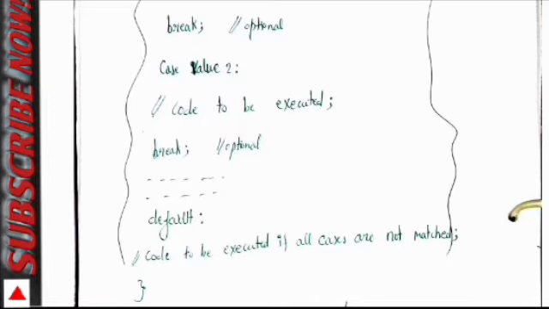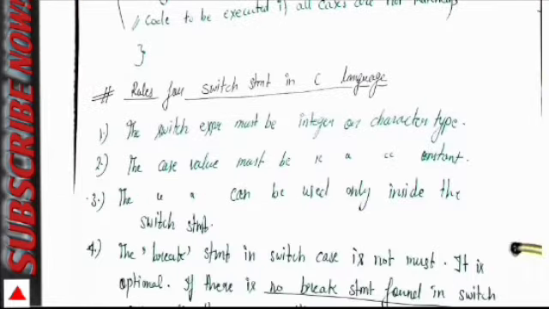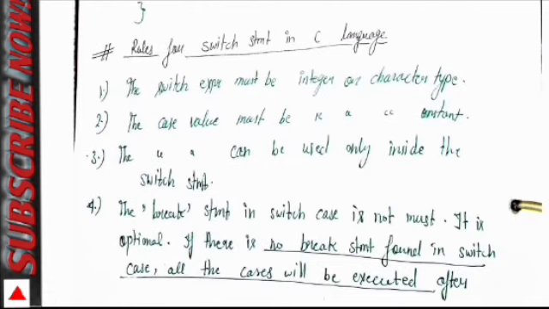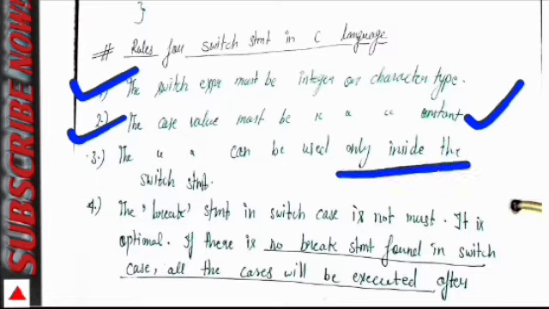Now important rules related to the switch statement in C language. First, the switch expression must be of integer or character type. The case value must be an integer or character constant. Third, the case value can be used only inside the switch statement.